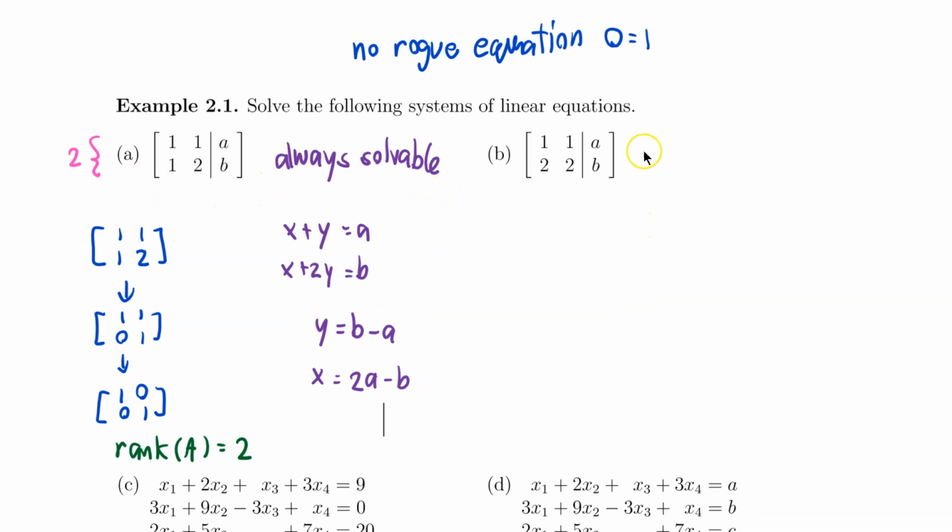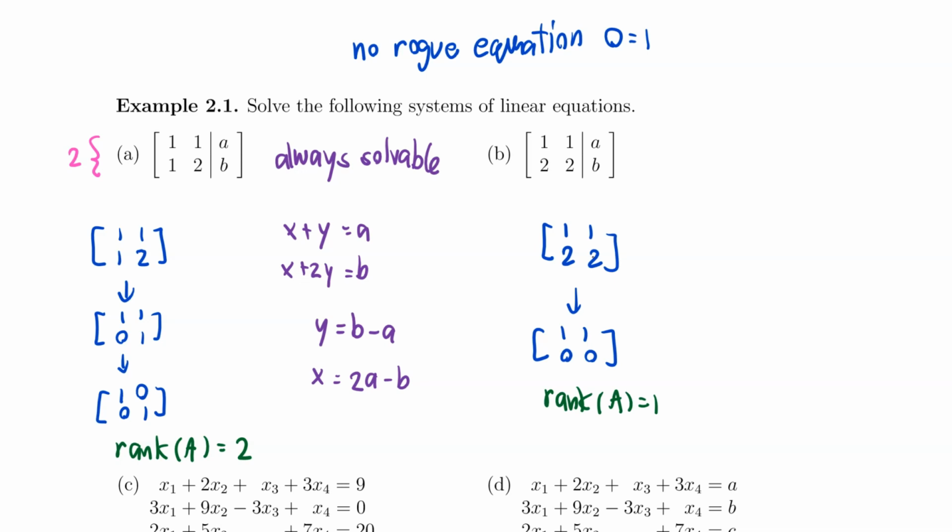On the other hand, if I look at part B, my matrix A is going to be 1, 1, 2, 2. Then I can subtract 2 times row 1 from row 2. I'm going to have 1, 1, 0, 0. So this one has rank 1.